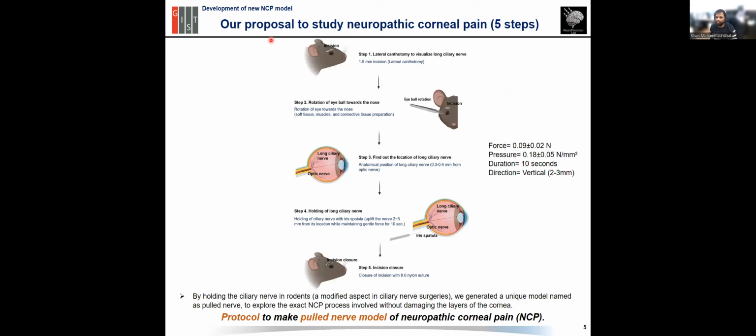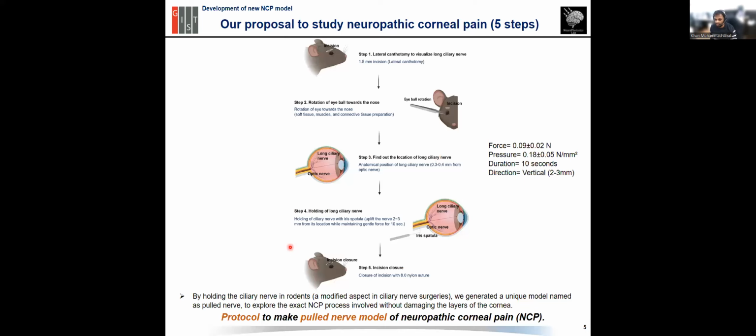So this is our proposal to study neuropathic corneal pain. I'm using a lateral incision step, and after finding the long ciliary nerve, I am not ligating it. I'm just pulling it with a set force, pressure, duration, and direction, and there's no severance. It's also easy because holding the nerve with an iris spatula for 10 seconds is easy compared to ligating the nerve.